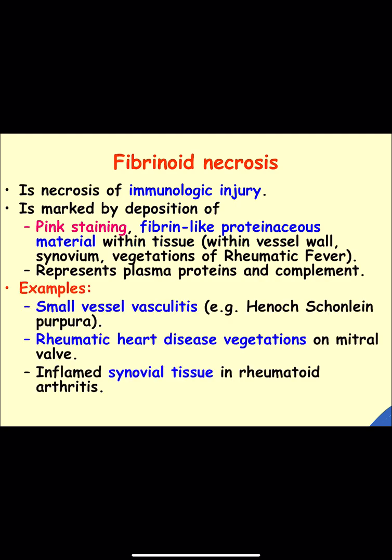Within vessel wall, so what will happen to the vessel wall when those immune complexes get deposited in it? It will be breached, right? And it will become very permeable, right?